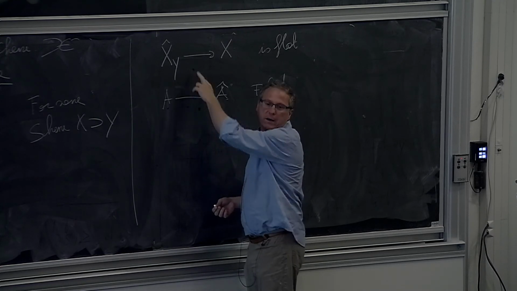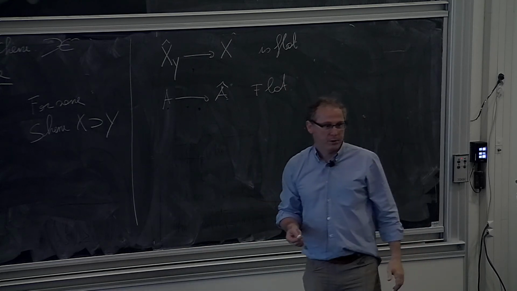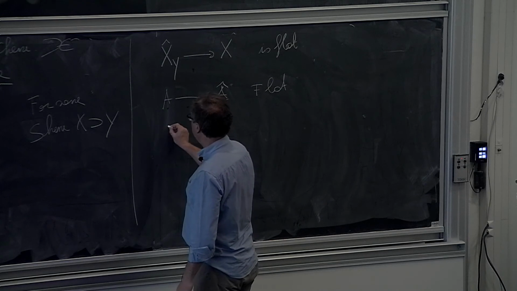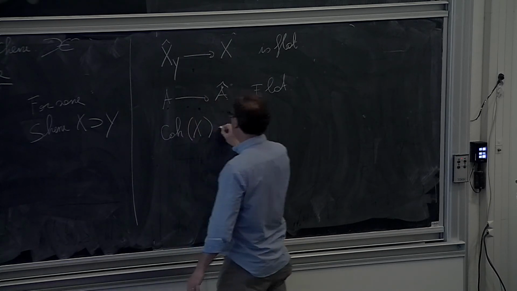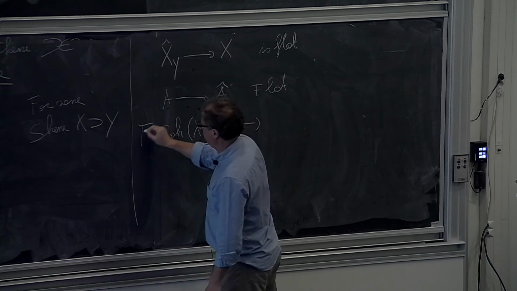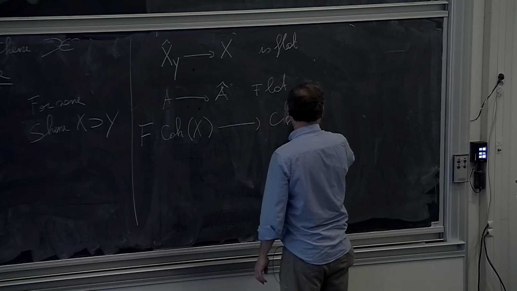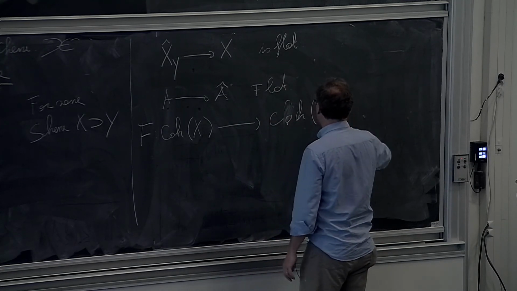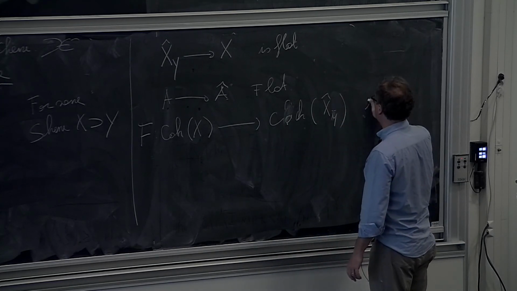This implies directly this, because flatness is a property. So you have a map, a functor, from coherent sheaves of X to coherent sheaves of X hat along Y, and this is an exact functor.